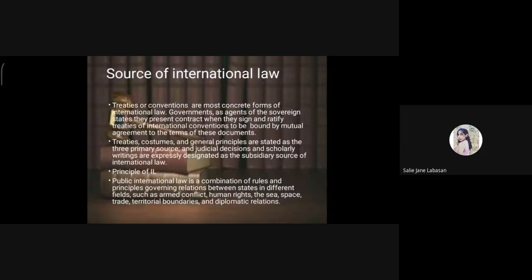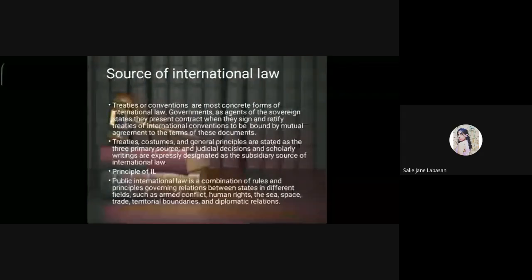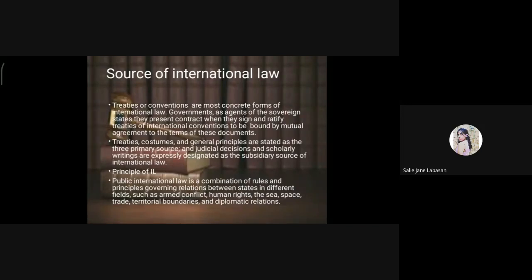Public international law is a combination of rules and principles governing relations between states in different fields such as armed conflict. As I said earlier, it is gradually applied in their nation. It is established in the convention.